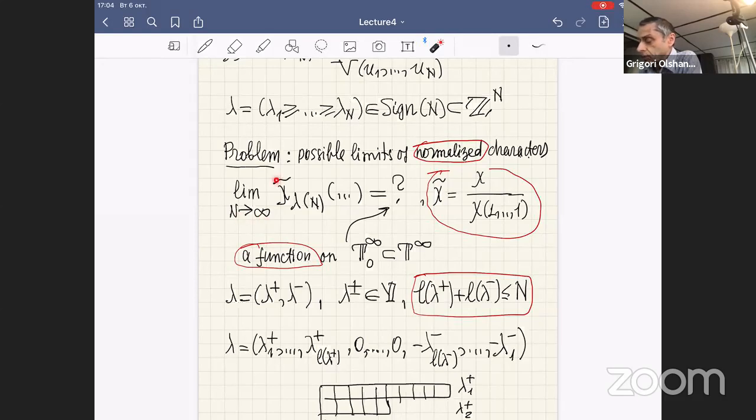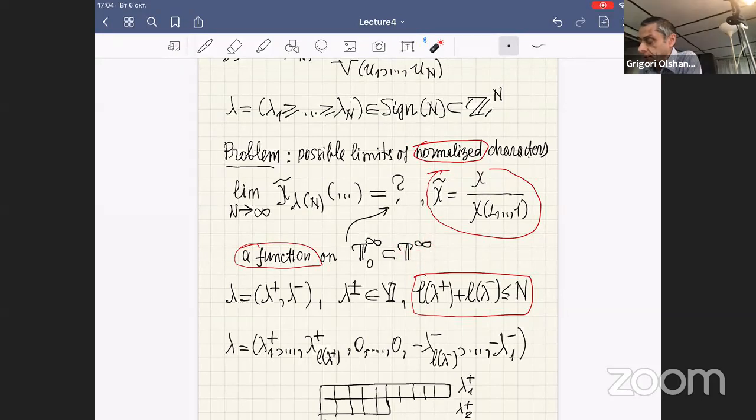And we want to understand what are the possible limits of these rational functions, or actually Laurent polynomials. So we expect that the limit will be some function on the torus. In fact, I recall, we take the infinite product of unit circles.